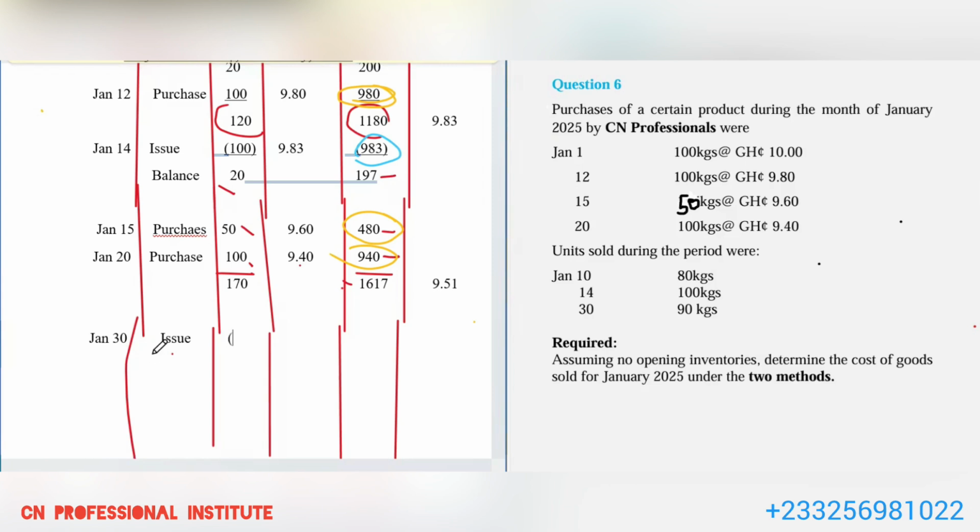Right, this 90 here. So 90 kilograms. And then we'll do it at 9.51. Right. And then that will give us 855.90.